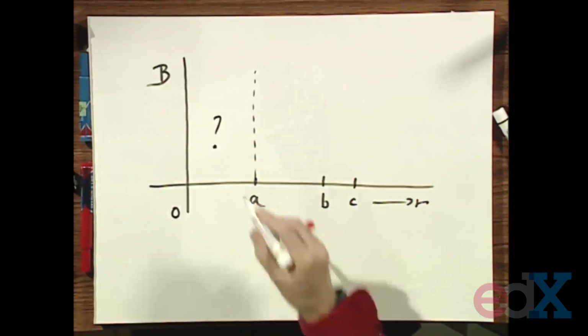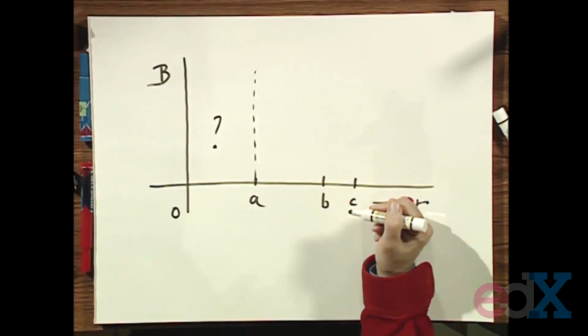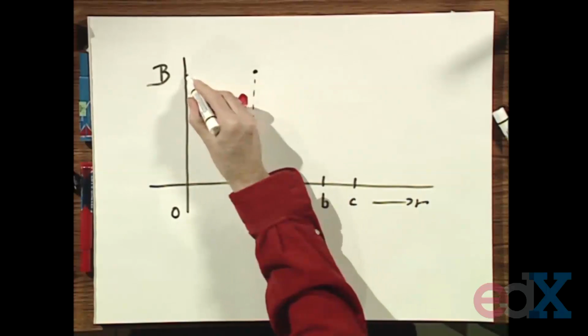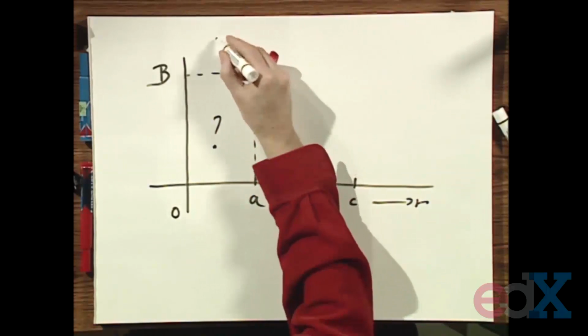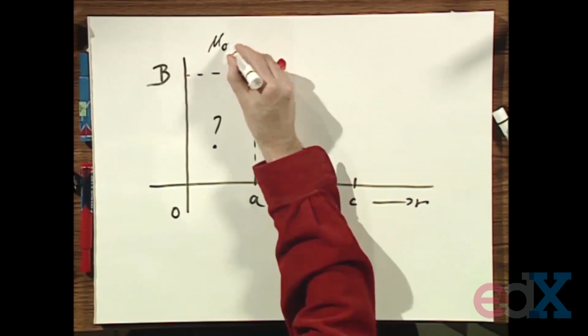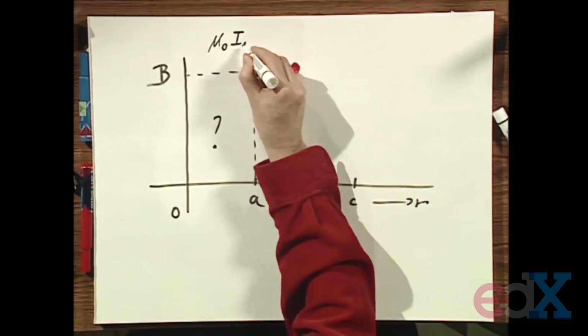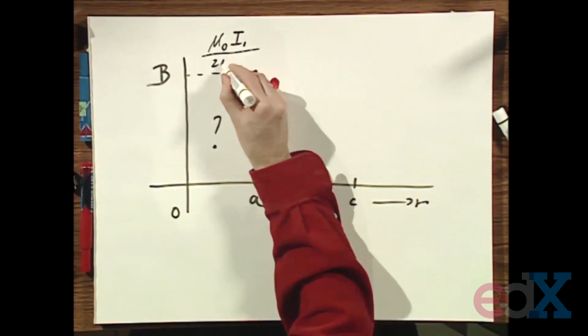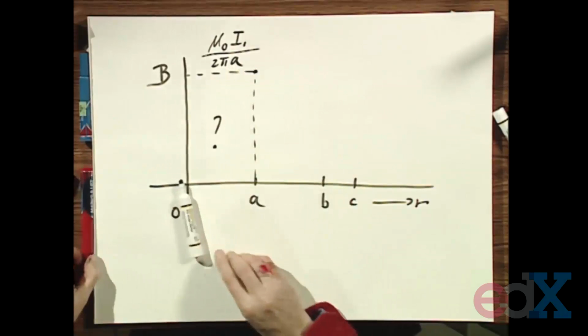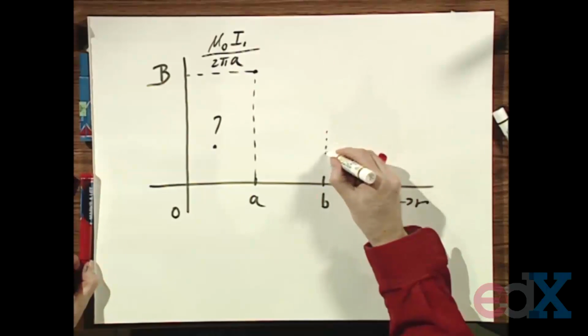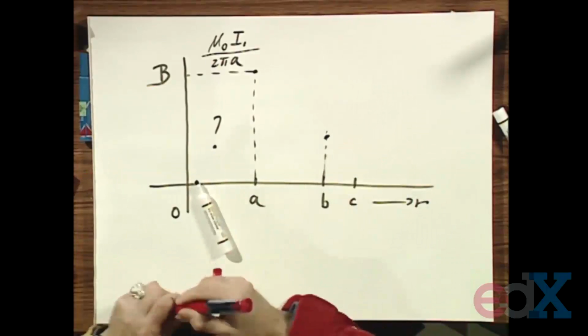We have not discussed that, but you will see that in the future. Right here at this point A, the magnetic field equals mu 0 times I1 divided by 2 pi A. It will fall off as 1 over R.